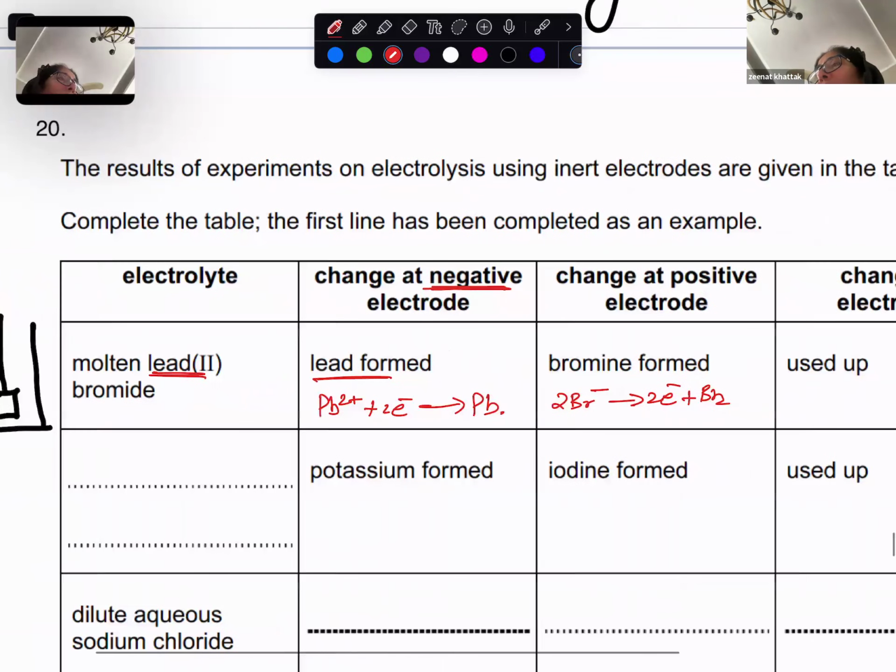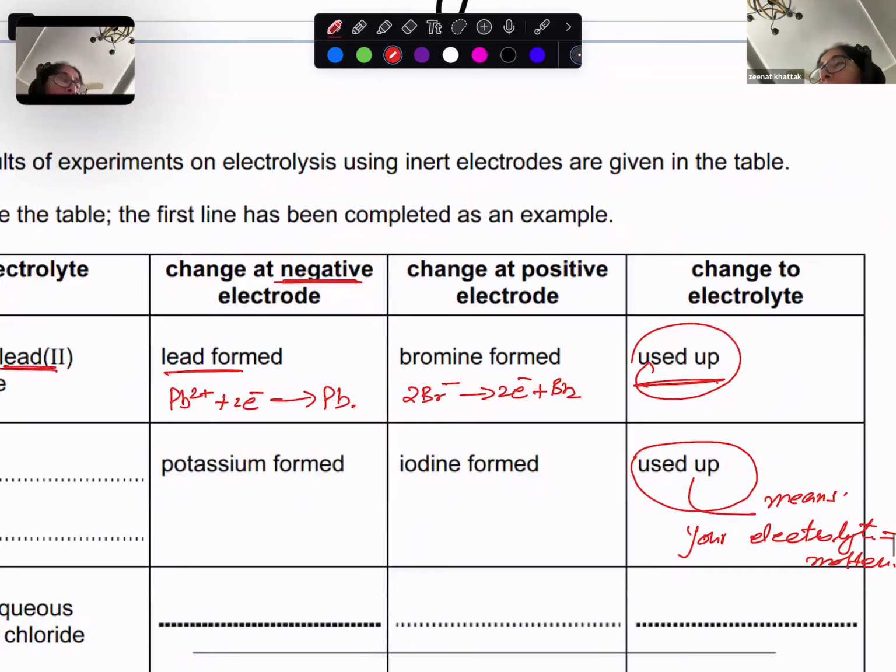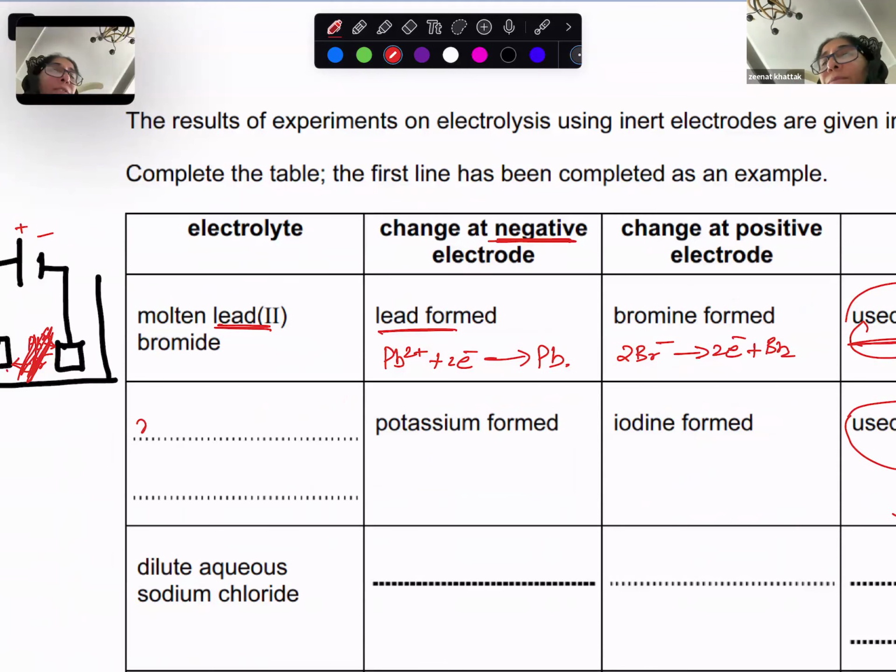So all these are used up. When they say used up, this means your electrolyte is molten. Then it's molten potassium iodide.